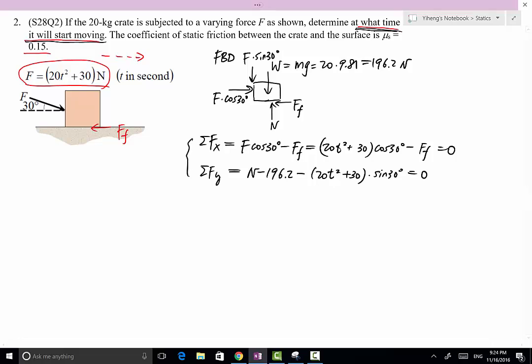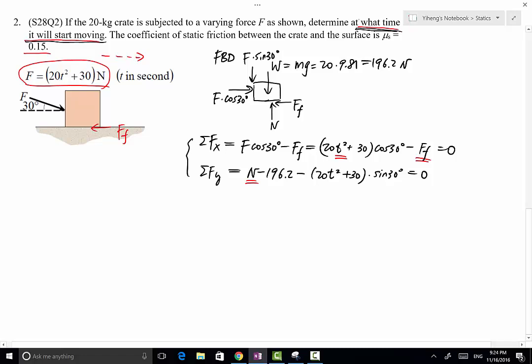However, if you look at these two equations, you realize that we actually have three unknowns. We have t, F_f, and N, the normal force. So in order to solve for all of these three unknowns, we need one more equation.